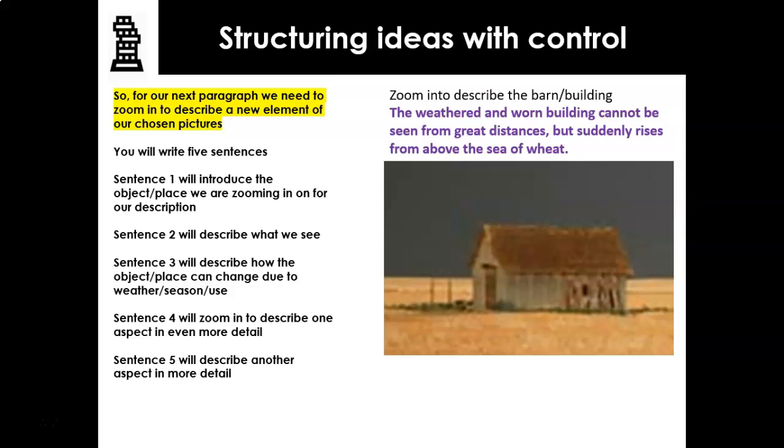Now, here is an interesting one. How does this object or place maybe change due to the weather, the season, or the use? So what would a barn like this maybe be used for? It's definitely not well taken care of. It's definitely slightly neglected. So we could talk about that before. Maybe we're going to use our imaginations again. So we could say before the onset of harvest, the busiest time in the Kansas year, the building is, I'm going to keep using it, I love it, dormant.